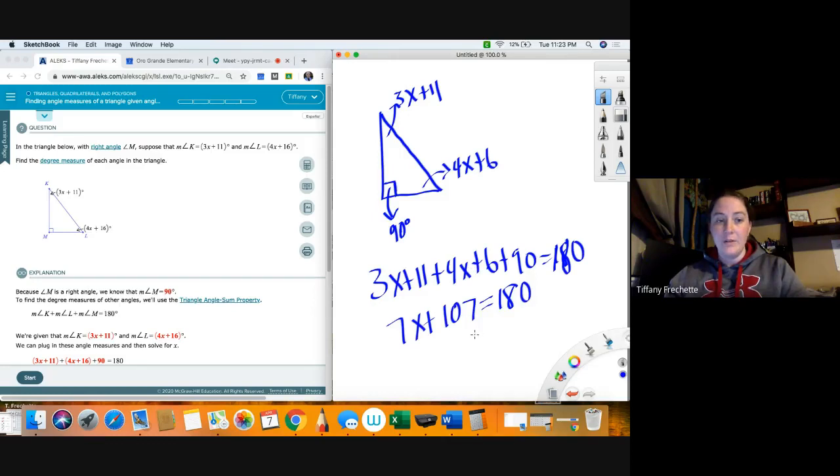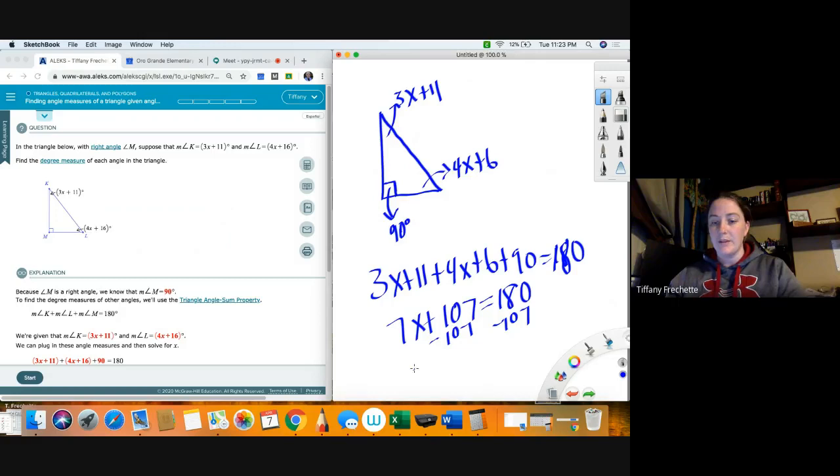And now what we want to do is try to get x by itself. So we're always trying to get x by itself. So we're going to undo the addition. To undo the addition of 107, we subtract it from both sides.